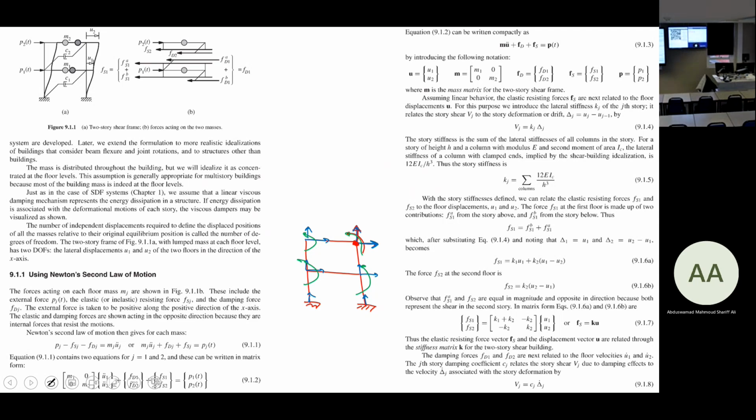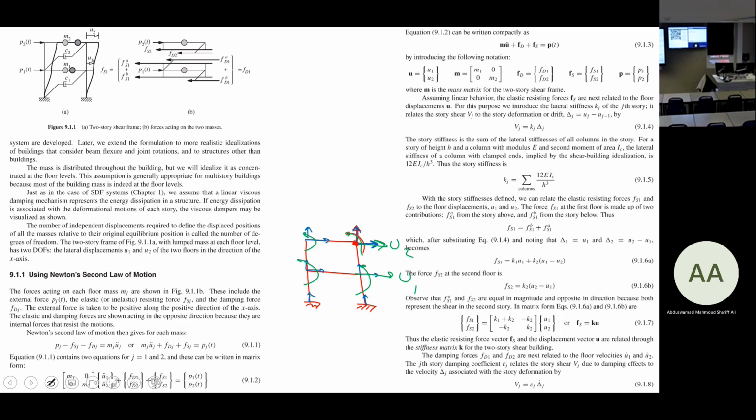They are something, but if you want to calculate them, it's okay, you can go for them. But first of all, they do not contribute too much to the lateral deformations, U2 and U1.